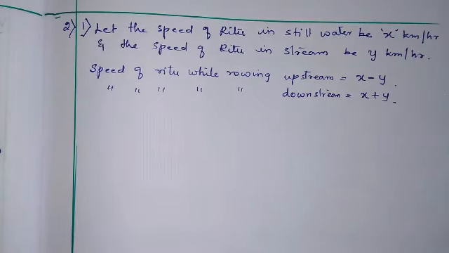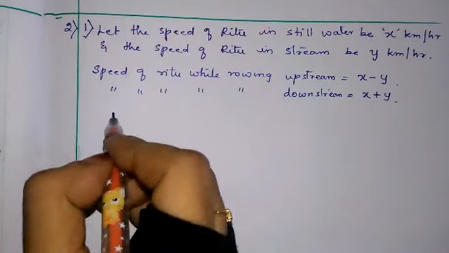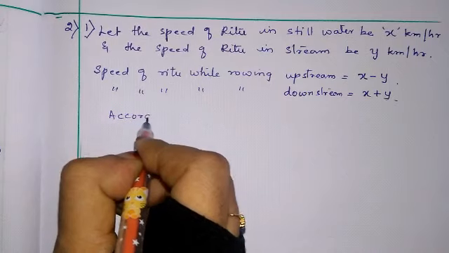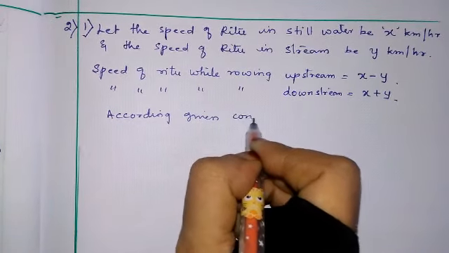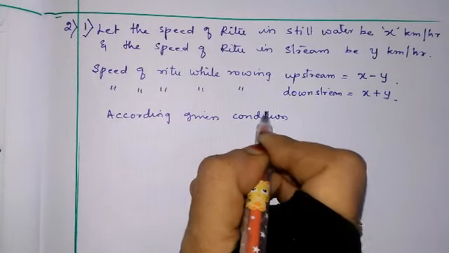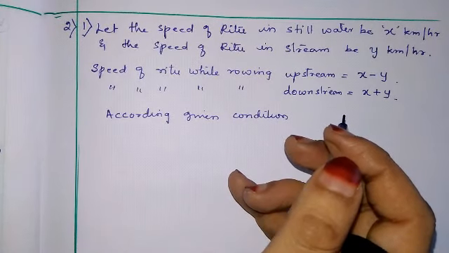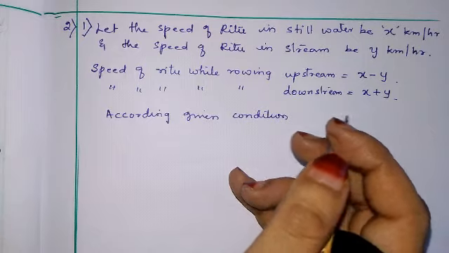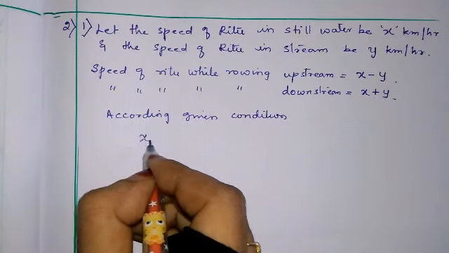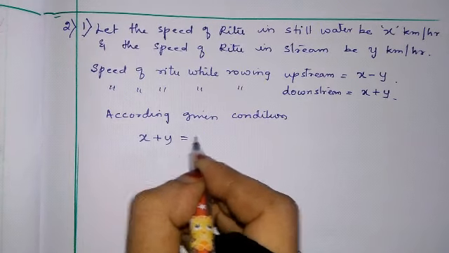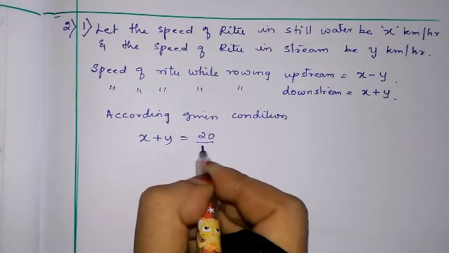So according to the given condition, let me read the question one more time. They have told Ritu can row downstream 20 km in 2 hours. Downstream is x plus y, 20 km in 2 hours.